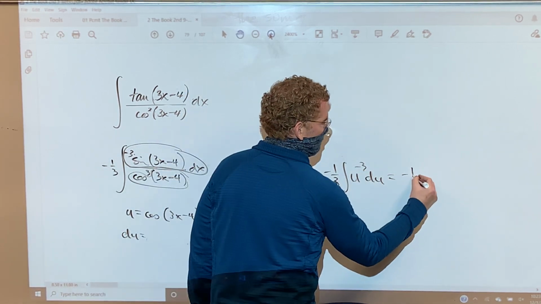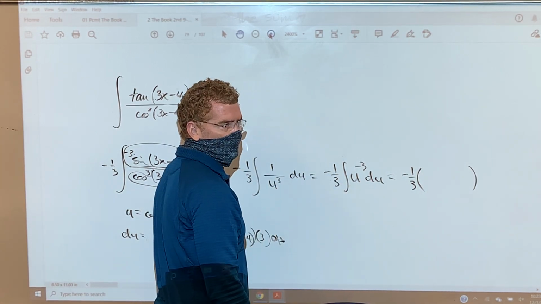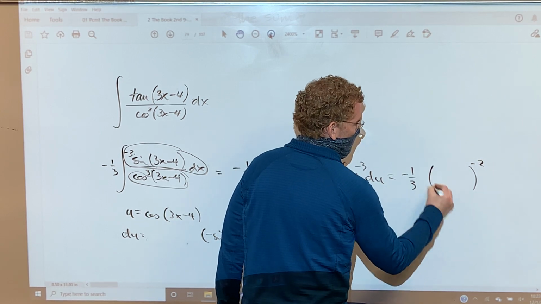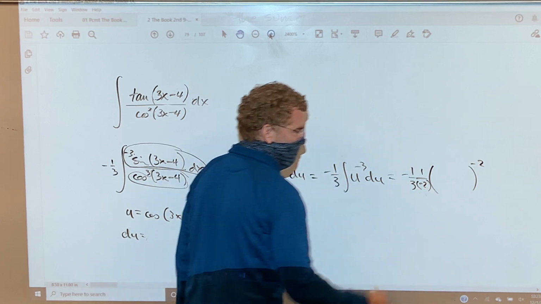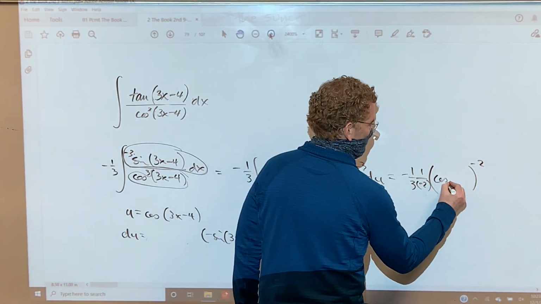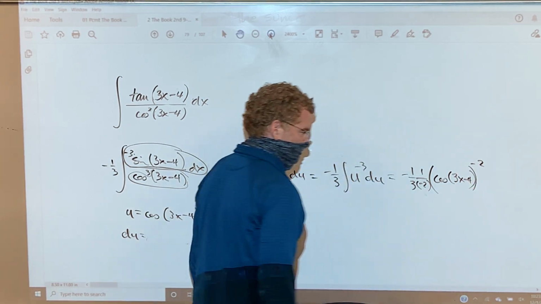So negative 1/3, u to the negative 2, just put it over negative 2, and then bring your u in, cosine 3x minus 4.